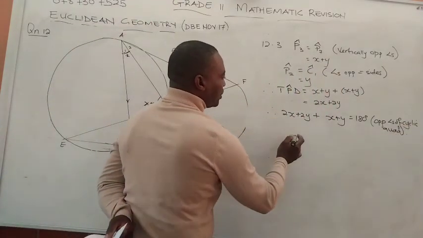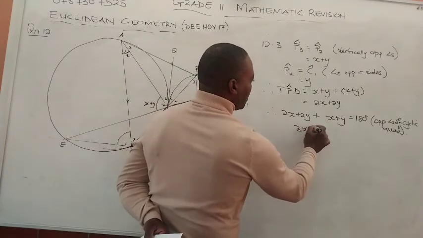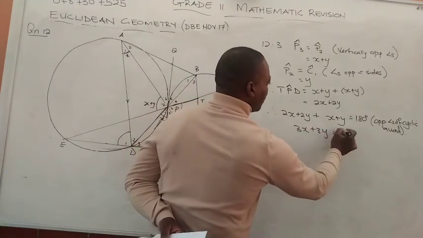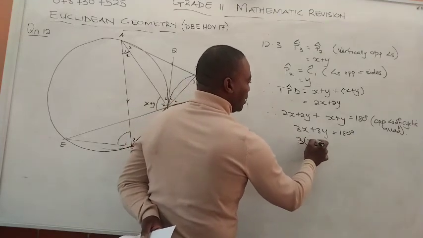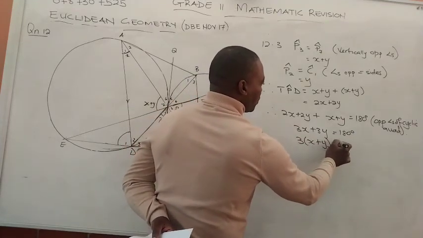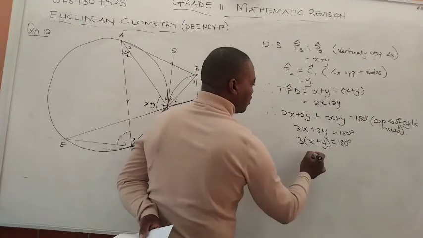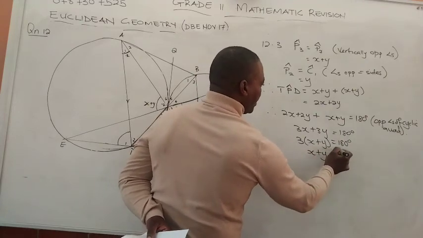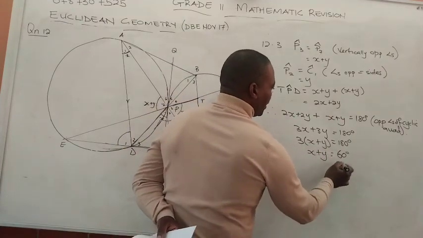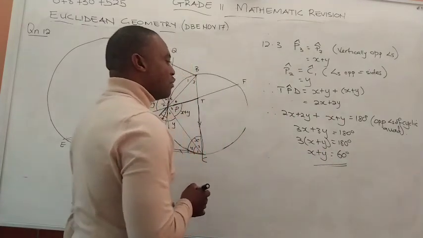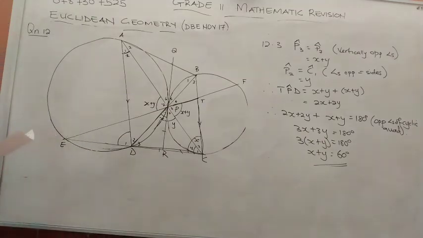So that will be 3x plus 3y is equal to 180. And then we factor out 3 so that we can have our x plus y. And then we divide by 3. That is 180 divided by 3. That gives us 60 degrees. So the value of x plus y is 60 degrees.